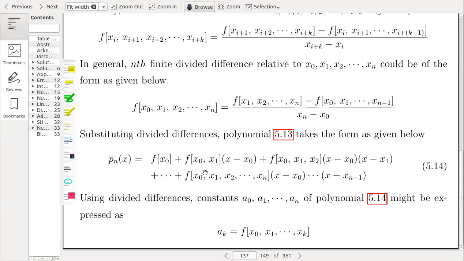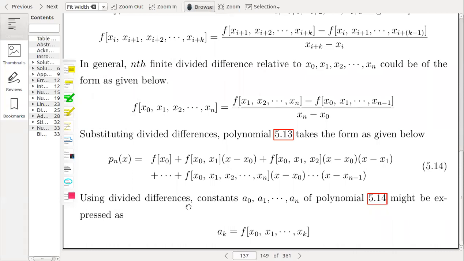So this is actually the first divided difference for the points x naught x1, and this is the zeroth divided difference for the point x naught, and this is the second divided difference for the points x naught x1 x2, and similarly this is the nth divided difference.